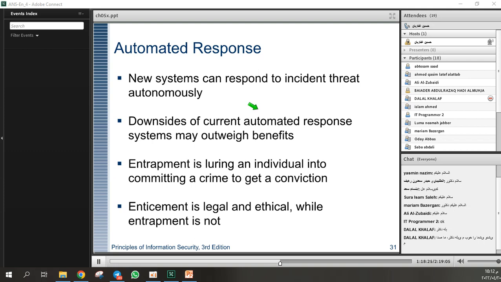But maybe one of their downsides is that sometimes automated systems have some limitations. If we try to use those automated response systems, we should be clear about their responsibilities and capabilities, and we should compare their benefits against their limitations.